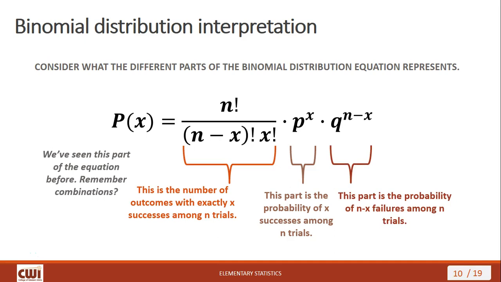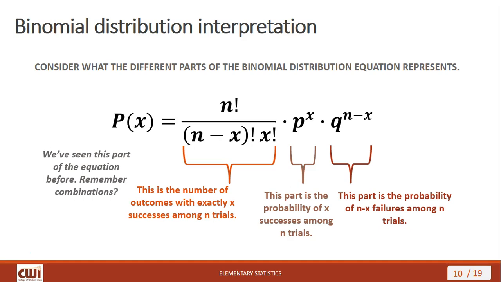So remember, the lowercase letter p represents the probability of success. x is going to be that whole number, the number of successes that we want. And then q is going to be the probability of failure. So that's the complement to the probability of success. So we just subtract the probability of success from 1 to get that value. And then the exponent for that, n minus x, well, there's only n trials total.